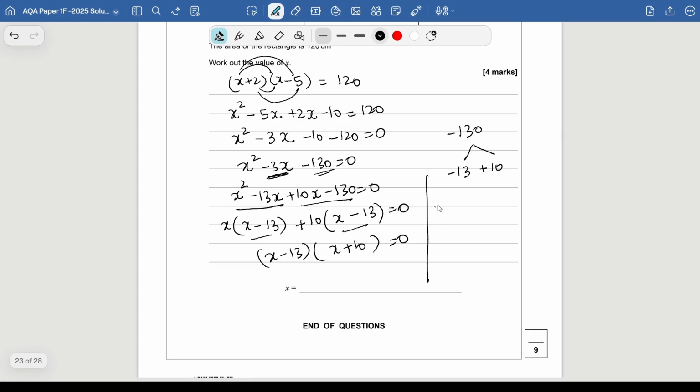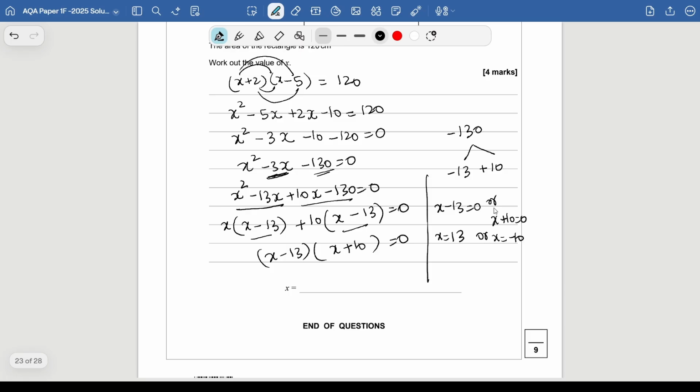Either x minus 13 is 0, or x plus 10 is 0. Now this will be x is 13 or x is negative 10.